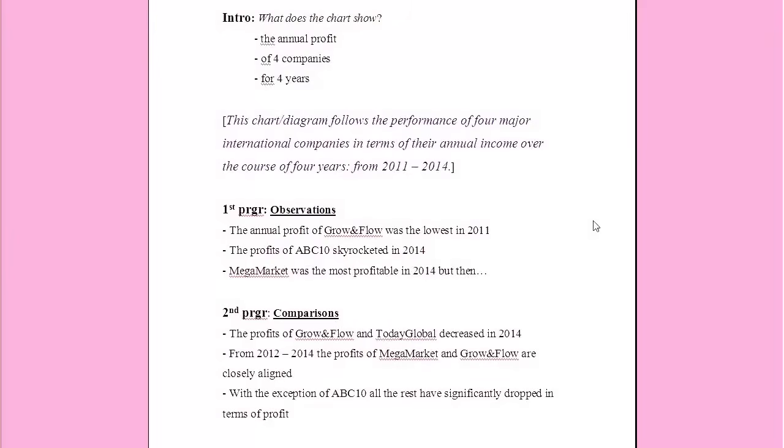These are the things that you first notice, and these are the things that you're going to put in your summary. So for the next paragraph over here, the first actual paragraph that we're going to write, it is about our observation, about what we can see, about the information that we see in the diagram. So our notes briefly could be the annual profit of Grow&Flow was the lowest in 2011, the profits of ABC10 skyrocketed in 2014, and MegaMarket was the most profitable in 2012, but then, and we continue by stating what we see.